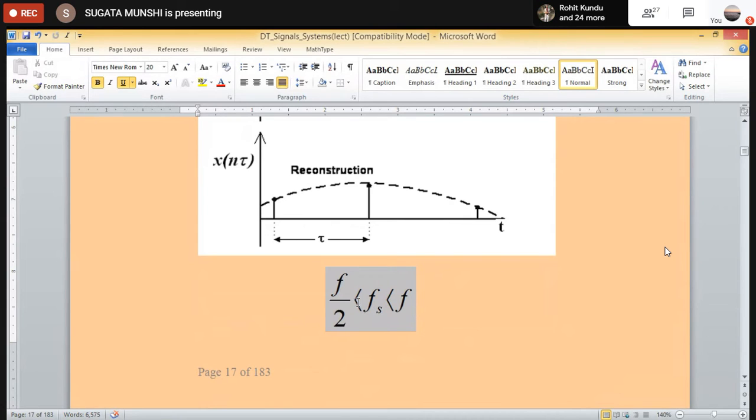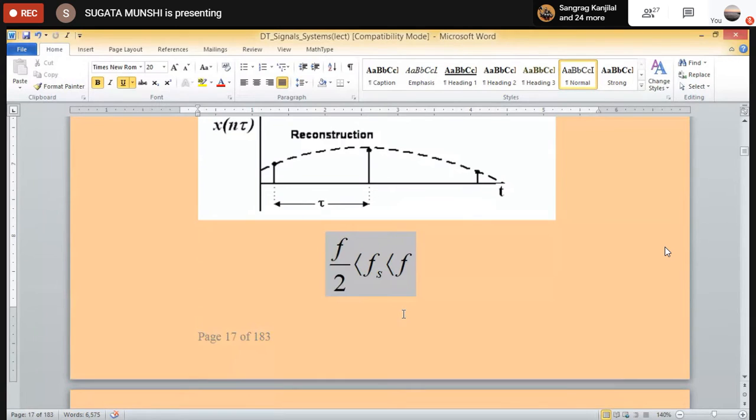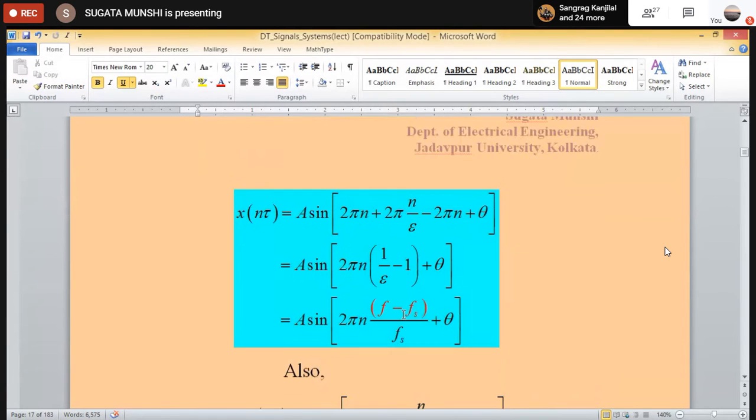An important thing to note here is that I have not considered that Fs is greater than or equal to F by 2 and less than or equal to F. I have not considered that. This is very important. I have considered the range as Fs greater than F by 2, less than F. What will happen under such a condition? What frequency of sinusoid will it represent? Just see here.